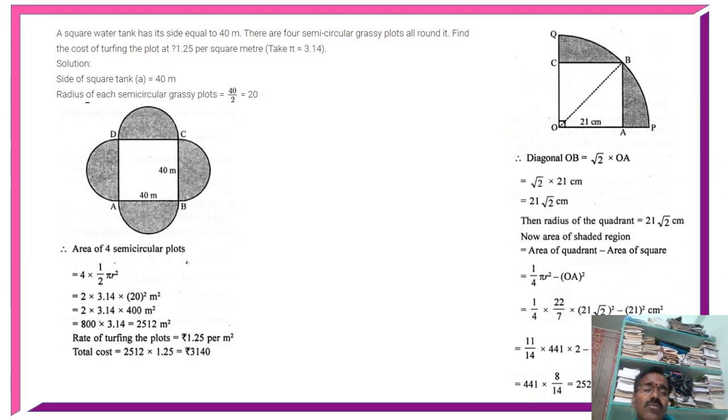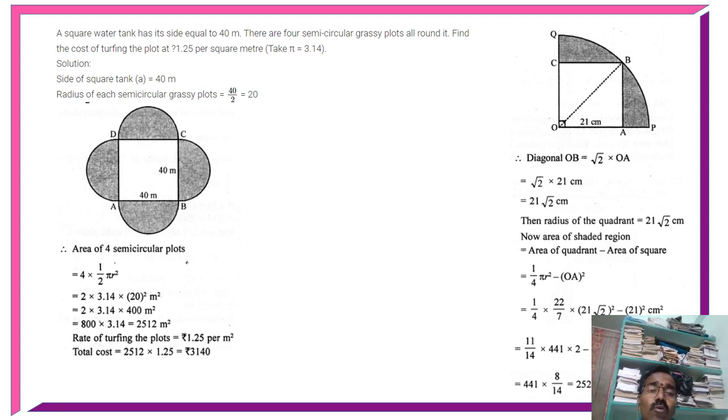Let us go with the next slide. A square water tank has its sides equal to 40 meters. There are 4 semicircular grassy plots all around it. Find the cost of turfing the plots at 1 rupee 25 paise per square meter. Pi is considered as 3.14.